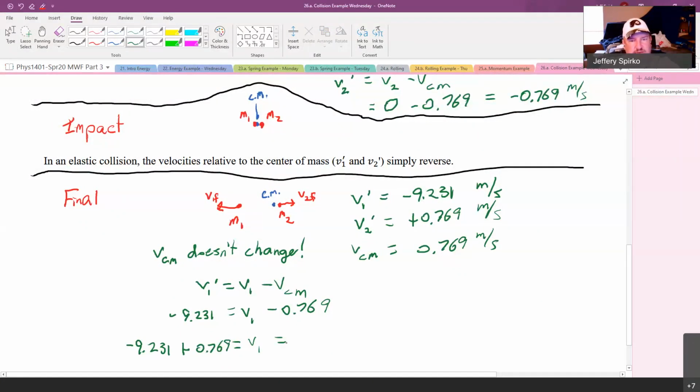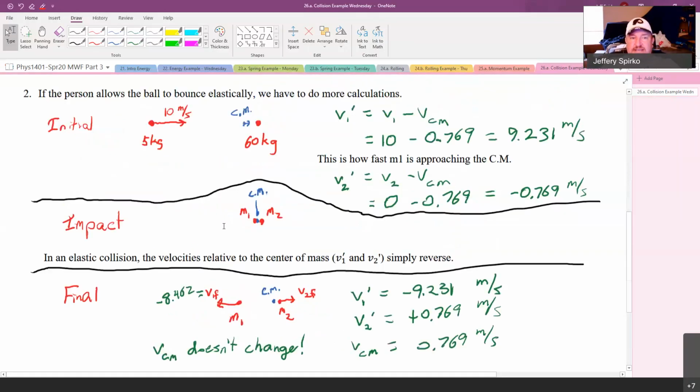And that comes out to negative 8.462. So that's this thing. So the ball bounces off the person and comes back with 8.462 meters per second of velocity.